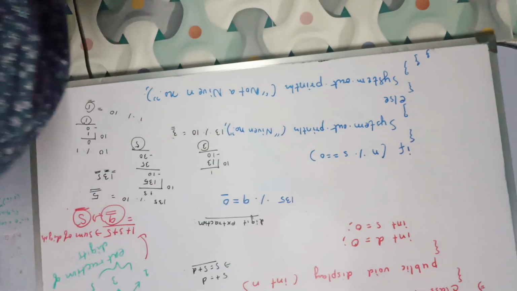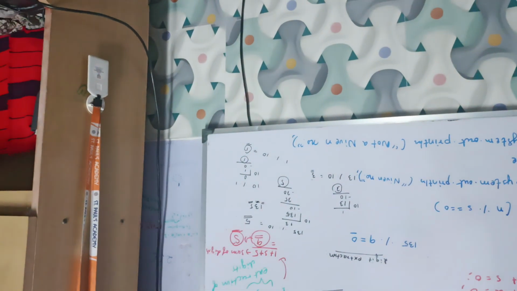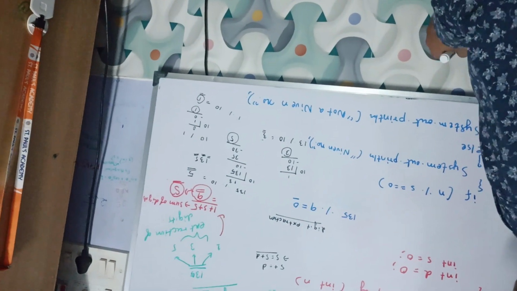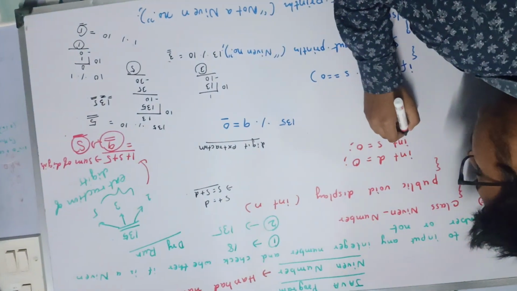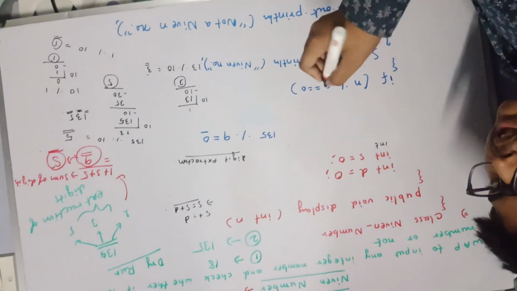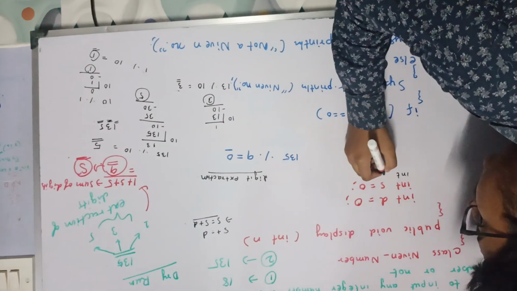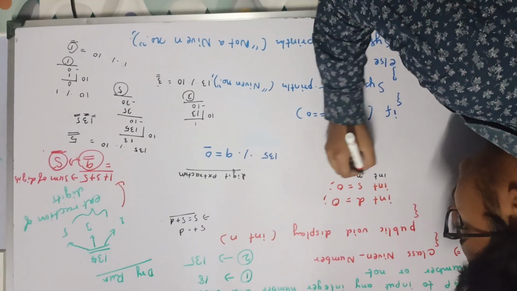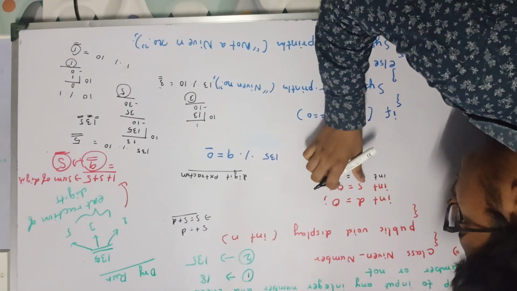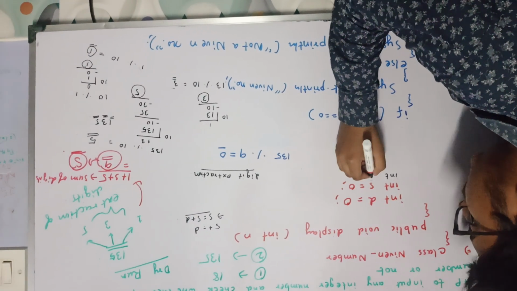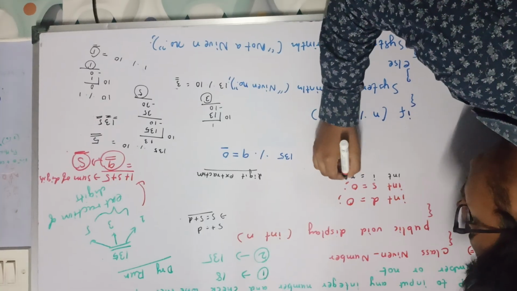In order to do the program in a while loop, we have to initialize it in the beginning. int n will be equal to the number, and int i will be equal to n.